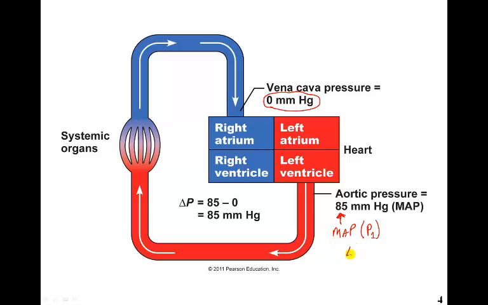So the delta P in our equation is going to be, so call this P2. So delta P is P1 minus P2, and it's MAP minus 0. So basically the driving pressure on blood in the body is essentially mean arterial pressure, because the venous pressure is usually about 0.